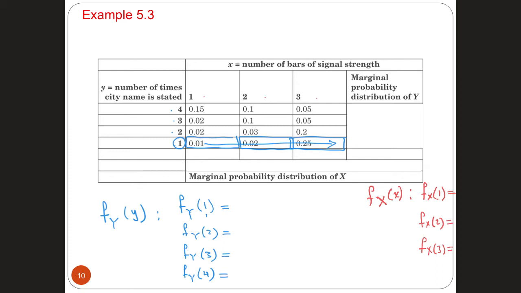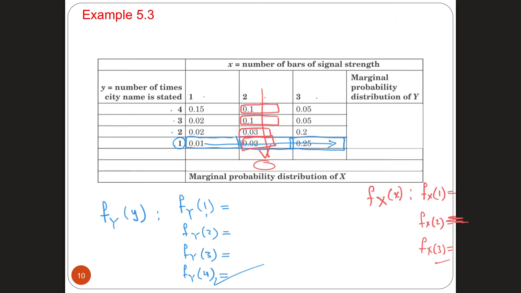So if I want, for example, to calculate f_X of 2, then I will look for the cases where x can be equal to 2, regardless of the value of y. So these are the possible cases for x to be equal to 2. So I add them together, and the result is going to be f_X of 2. Similarly, I will do it for the case of 1, and similarly for the case of 3. And by getting all of those, I will get the marginal for x, and likewise the marginal for y.